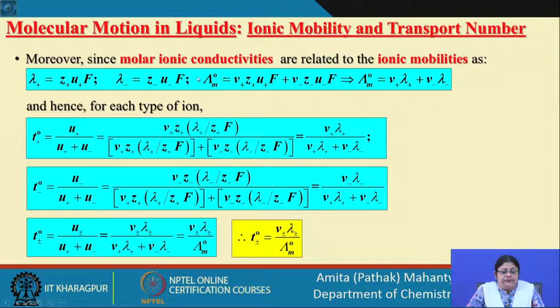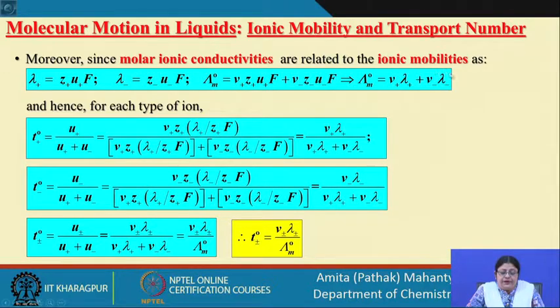So, if you remember, under limiting conditions of the electrolyte, the molar conductance of the electrolyte was nothing but nu plus of the positive ion into ZUF of the positive ion plus nu minus of the negative ion and ZUF of the negative ion. This was again taken to be the Z plus of the ions, that means this is the lambda and this is the lambda. So, we have nu plus into lambda plus and nu minus into lambda minus.